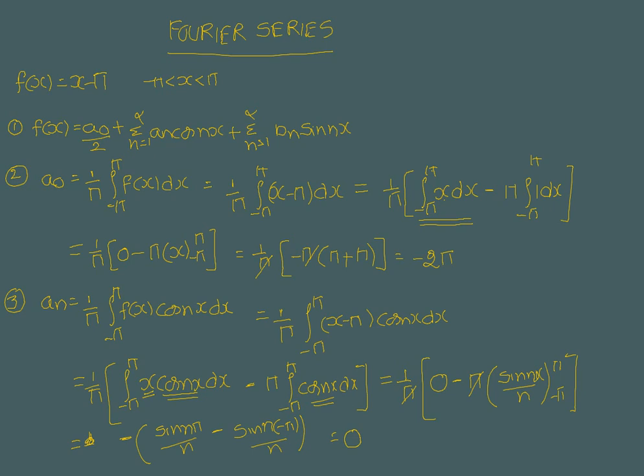Similarly we have to get the b_n value. The b_n formula is b_n equal to 1 by pi times the integral from minus pi to pi of f(x) sin nx dx.